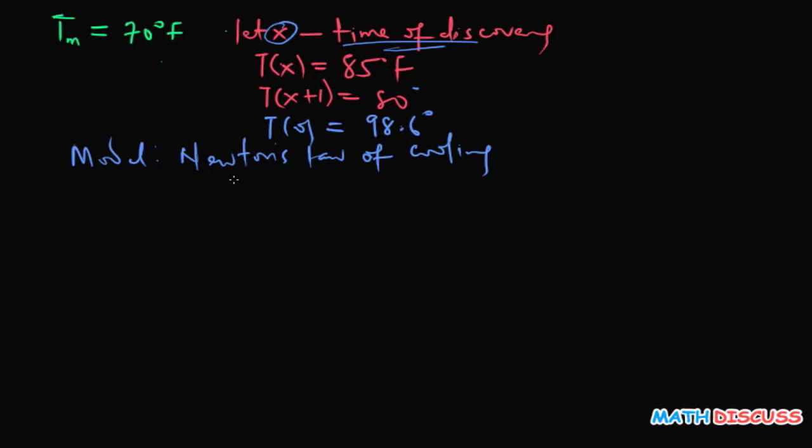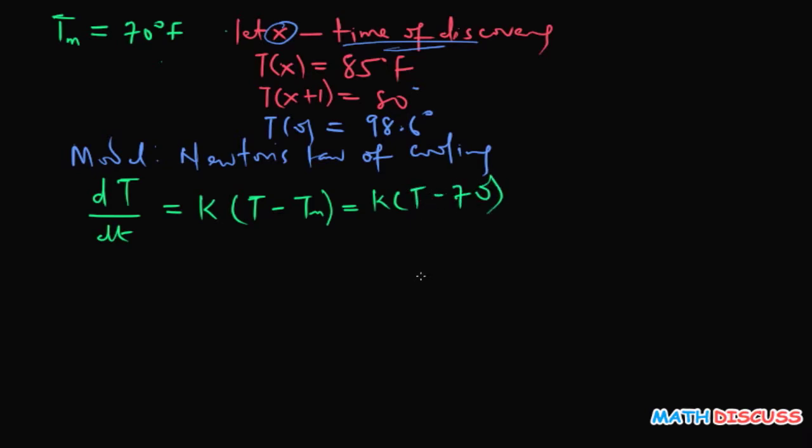According to Newton's law of cooling, the rate of change of temperature with time is proportional to the difference between the temperature of the body and the environment, Tm. Our Tm is 70, so this is going to be k times (T minus 70). So this is what we have as our k.